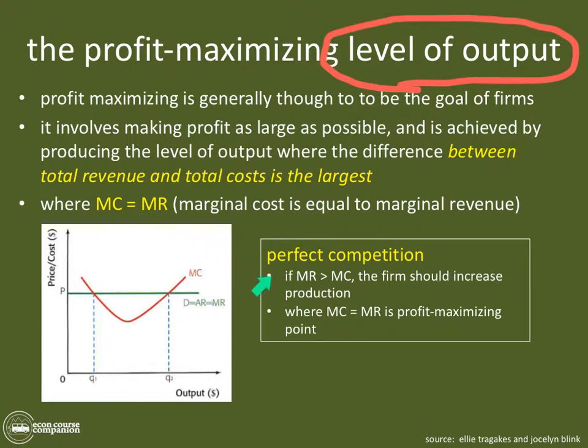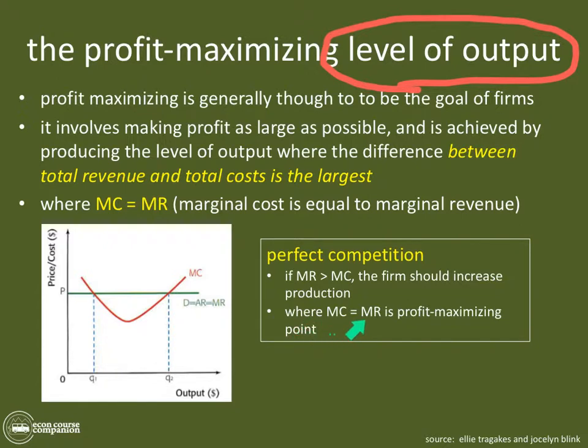So in perfect competition, now we're going to look at two different situations here. The profit maximizing level of output, you may have noticed, has pushed us towards combining cost curves, marginal costs, and revenue curves. So we are operating in perfect competition, and therefore, if marginal revenue is greater than marginal cost, the firm should increase its production.